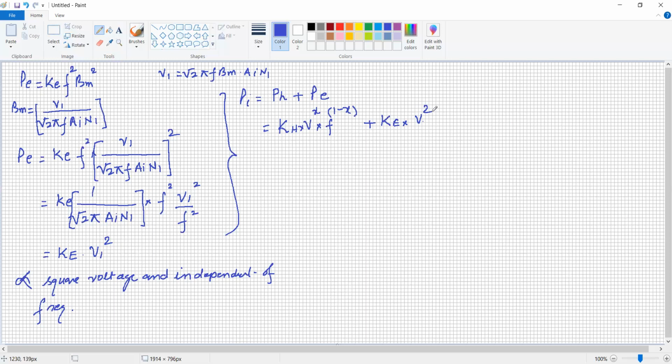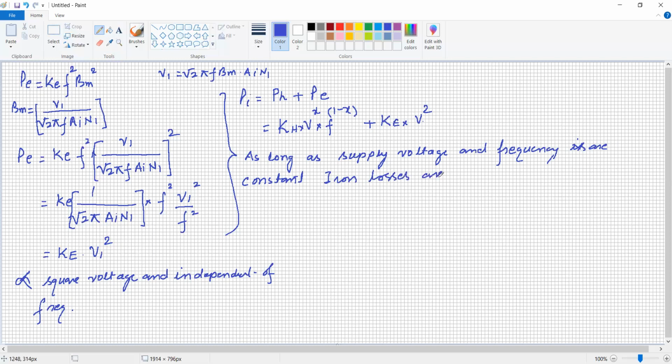So as long as the supply voltage and frequency are constant, the iron losses are constant.